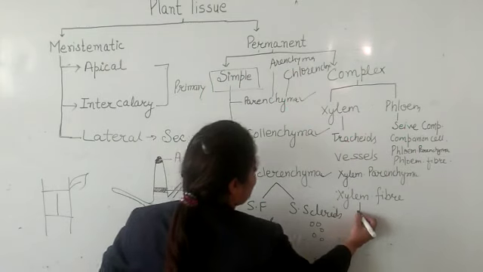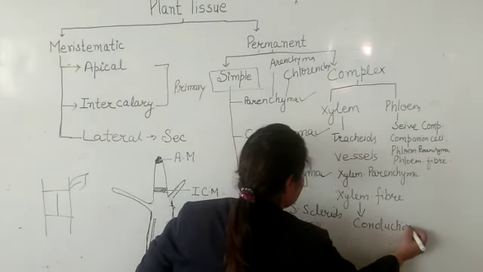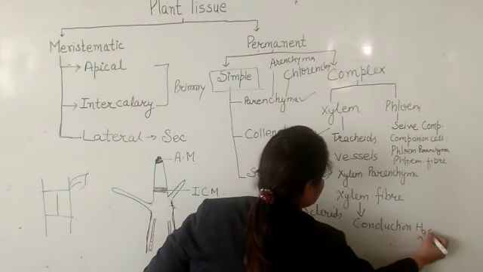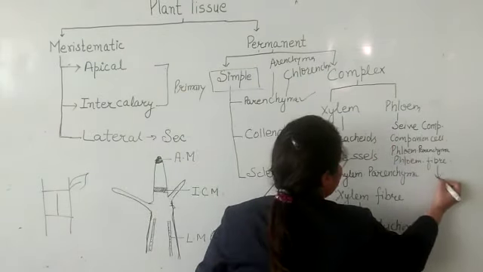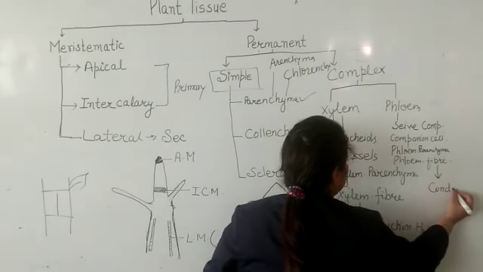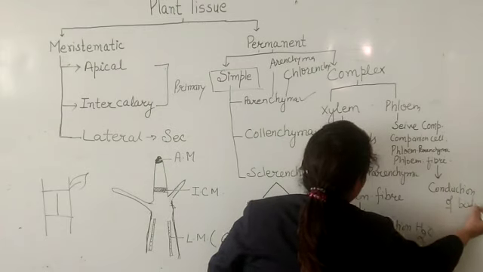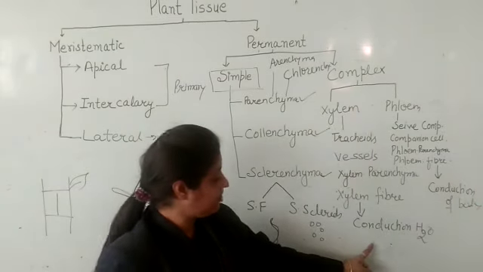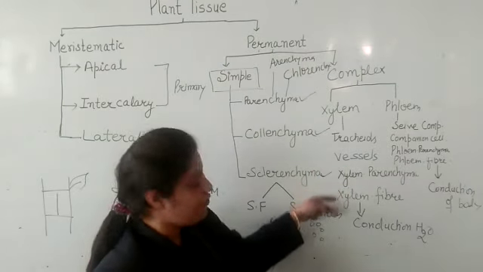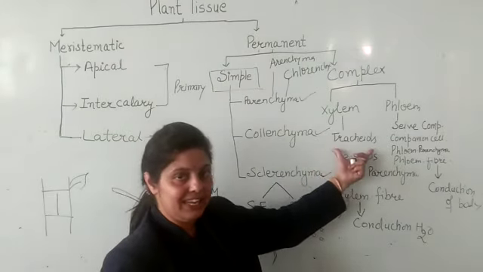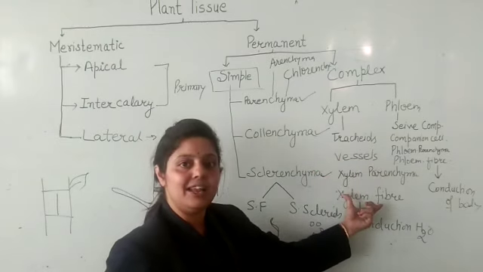Xylem is responsible for the conduction of water, and phloem is concerned with the conduction of food in the plant body. Xylem, which is responsible for the conduction of water throughout the plant, is further divided into four subtypes: tracheids, vessels, xylem parenchyma and xylem fiber.